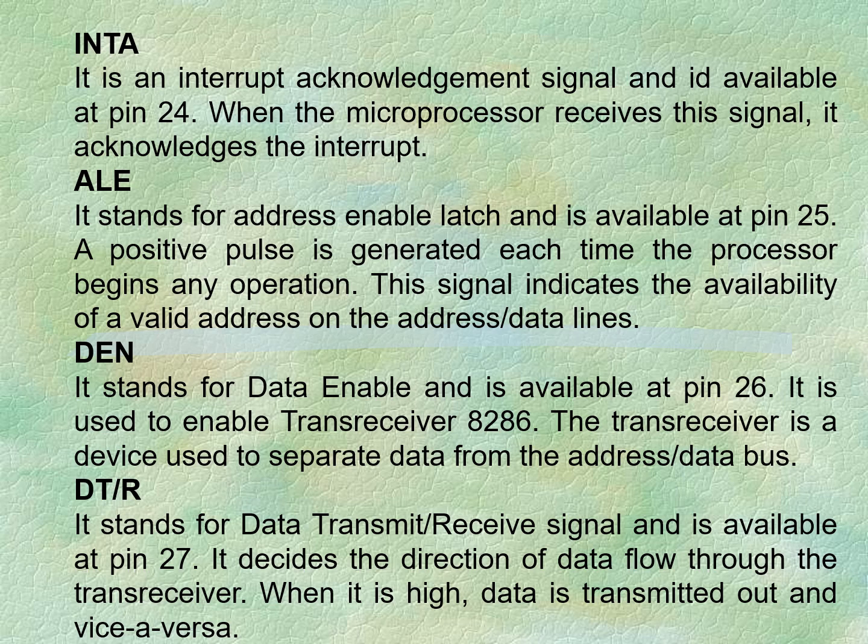It is used to separate the data from the address or data bus. DT/R, the next pin, data transmit or receive. This signal gets activated only when DEN is enabled. It is used to find out which direction your data is flowing, either receiving or transmitting.